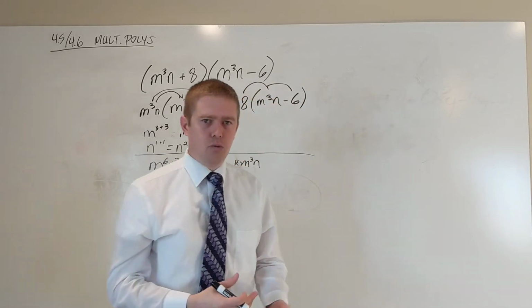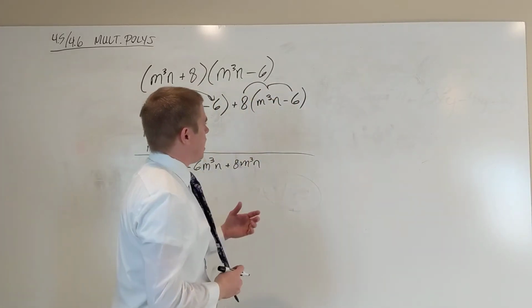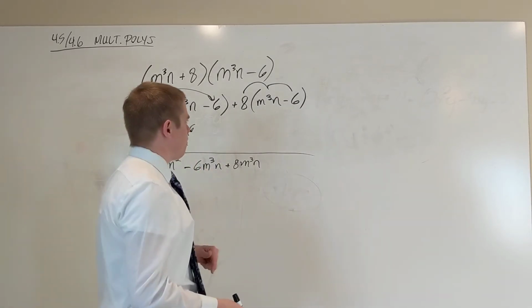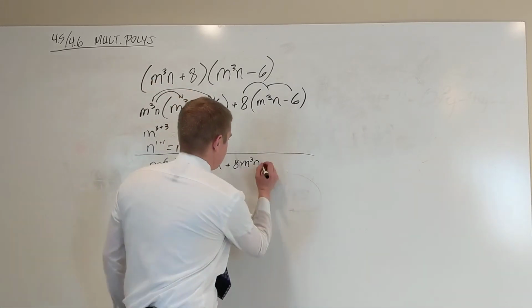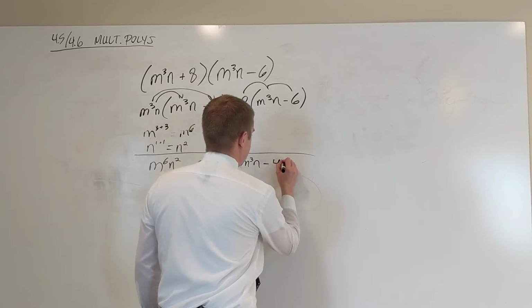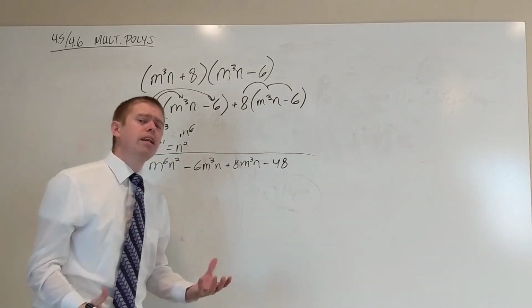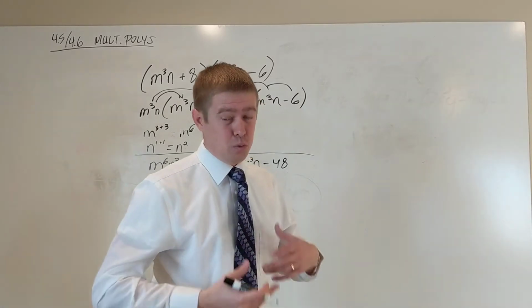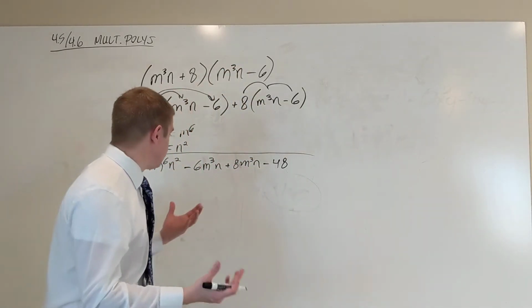Pull out your calculators, work on it a bit. You find that 8 times negative 6 is negative 48. So we say negative 48. Now we need to check and see if we have any like terms to combine. We've always got to check for those. We always got to keep a lookout. Are there like terms?